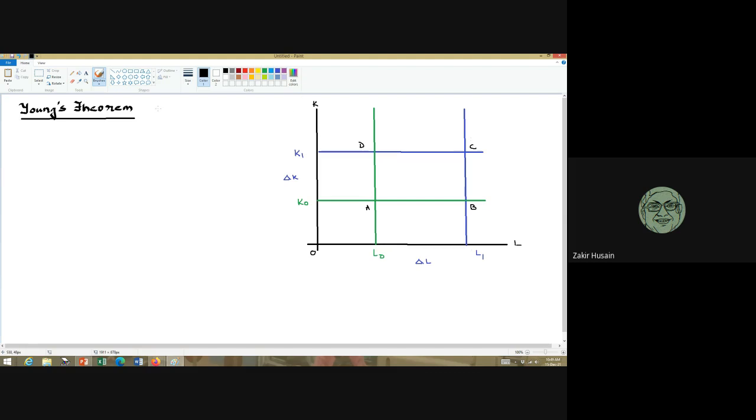Okay, so it's very obvious from this that K1 is equal to K0 plus del K. Similarly, L1 is equal to L0 plus del L. Okay, so we start from this point, the initial point, which is A. Okay, so what is B?